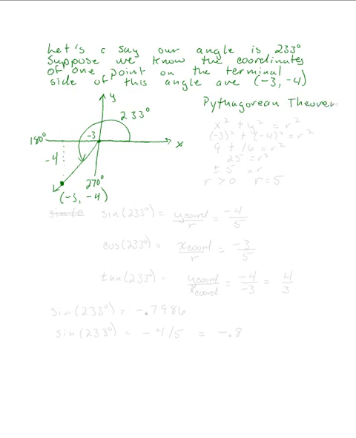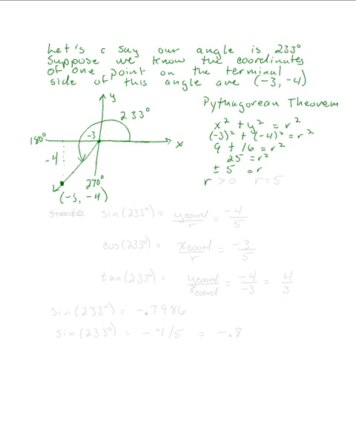The Pythagorean theorem is going to go x squared plus y squared equals r squared. So in our case here, it's going to be (-3) squared plus (-4) squared equals r squared. That's 9 plus 16 equals r squared. 25 equals r squared. R equals plus or minus 5.